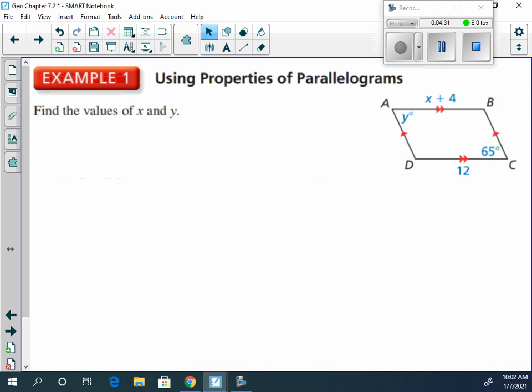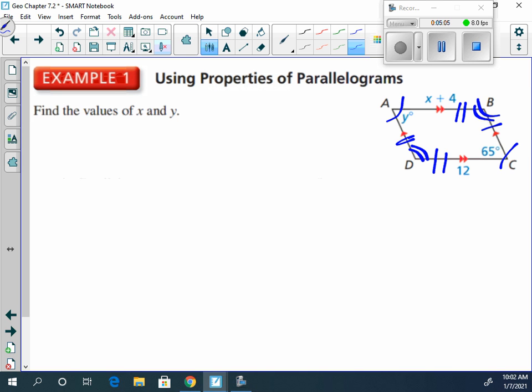If it's a parallelogram, the opposite sides are congruent, so I can mark on the figure that these two are congruent, and these two are congruent. We also know the opposite angles are congruent: this angle and this angle are congruent, and these two angles are congruent. That's just what we know because it's a parallelogram.